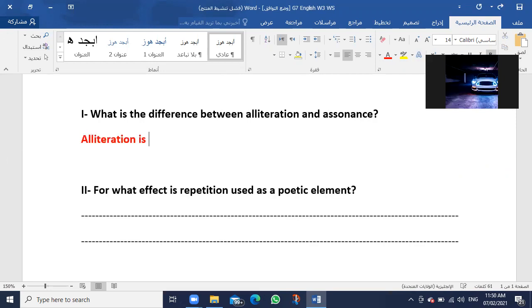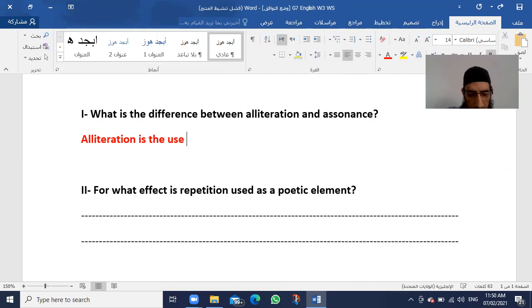Alliteration is the use of words which begin with the same consonant sound.